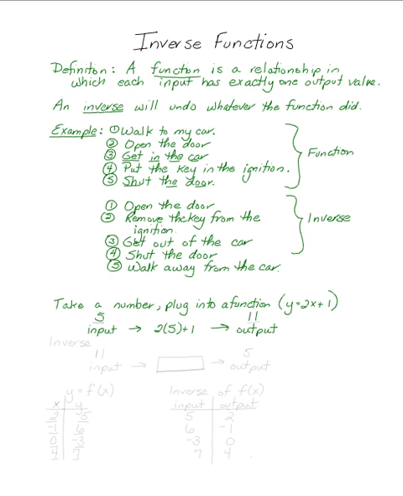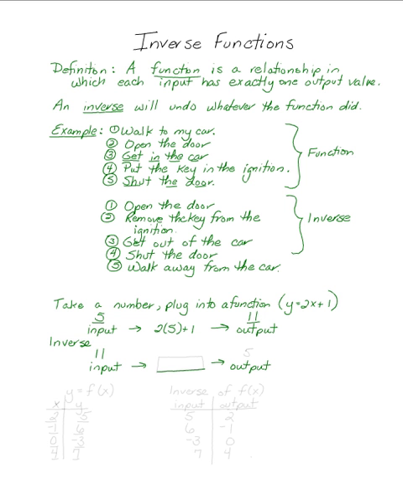So for my original function, I'm going to take my input of 5 and get an output of 11. The idea with an inverse then is that we're going to take that number we got as an output. So we're going to take the 11 and it now becomes the input of our inverse function. We're going to do some kind of steps here and what we should end up with is an output. But remember, the idea is that we should end up back where we started.